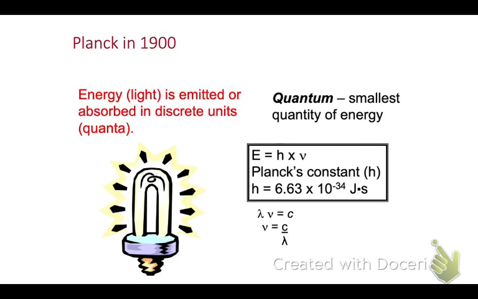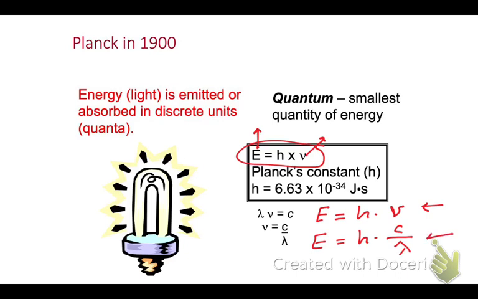What you want to conclude from this equation is the following: the higher the frequency, the higher the energy. So I can write energy in two ways. I can say energy equals Planck constant times frequency, and I also can say energy equals Planck constant times c over wavelength. You use this if they gave you frequency, and you use this if they gave you wavelength.